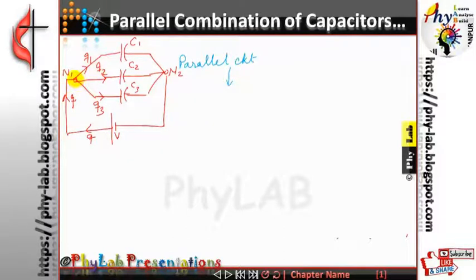So here I have got more than two current carrying paths meeting. So this becomes my node N1 and this becomes my node N2, and across these nodes I have connected a battery of potential V.